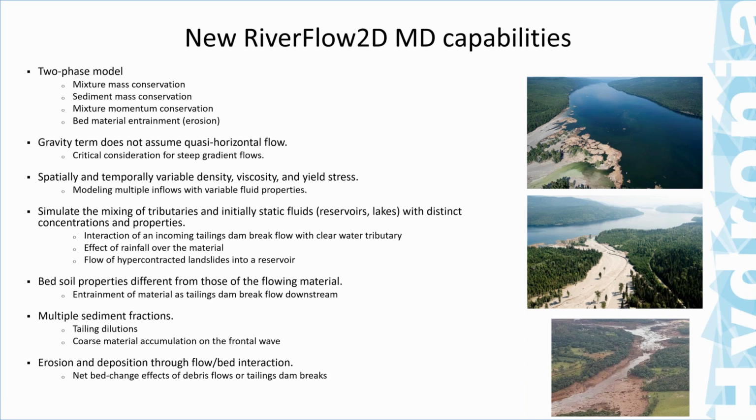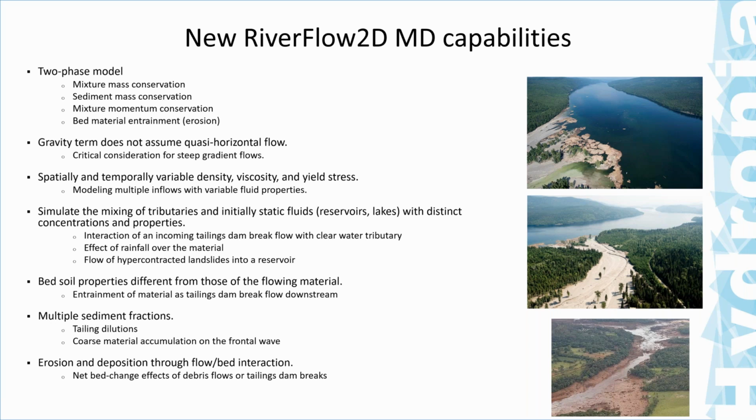We also have spatially and temporally variable density, viscosity, and yield stress. So instead of assuming a single density, viscosity, and yield stress for the whole simulation period and the whole space, now these variables can vary, and also they can vary with the entrainment, as we'll see. This allows for modeling multiple inflows with variable fluid properties.